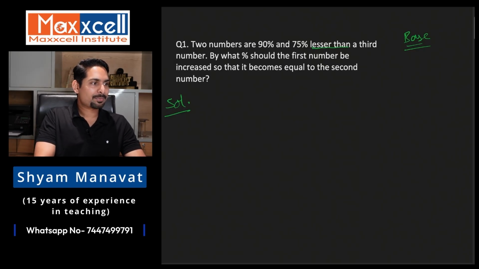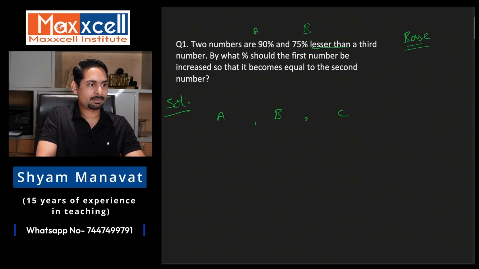So what do we have? Two numbers 90% and 75% lesser. So I will assume the first number is A, the second number is B, the third number is C. Let's say this information is for A, this information is for B, and both of them are compared with what?